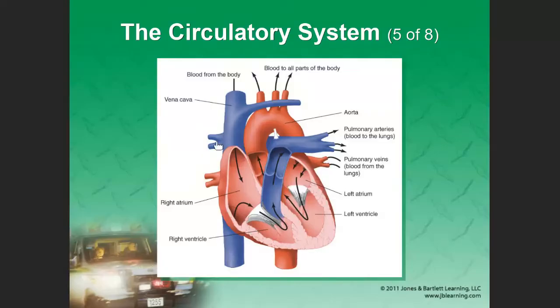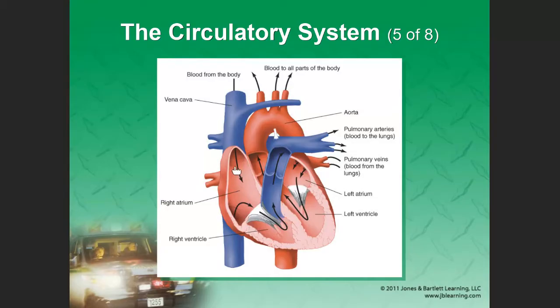The vena cava is the largest vein in the body. This deoxygenated blood will end up in the right atrium.